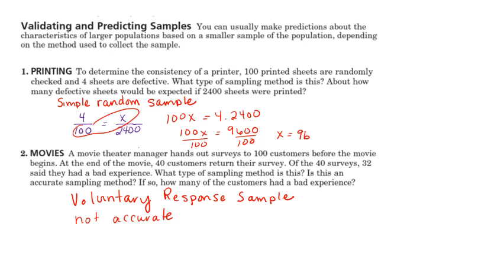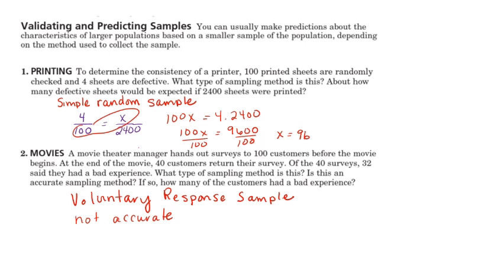So we don't say how many had a bad experience. We can't use that to make a statement about the population as a whole. We got less than half of the surveys back, and of those, 32 had a bad experience. We can't say, oh, 64 then had a bad experience, because we only know that 32 people did. We can't make assumptions about the others because they just didn't turn in their paper.